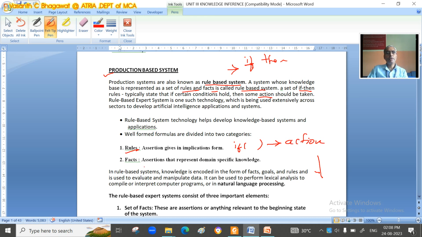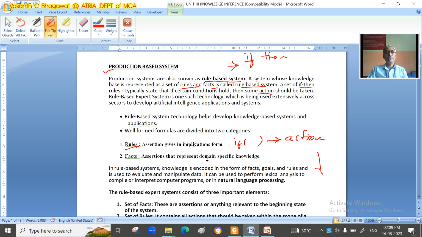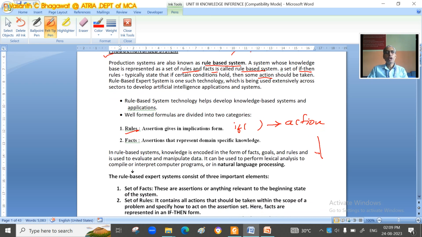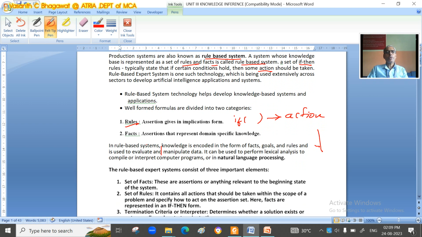The second one is facts, that is, assertions that represent the domain knowledge. Once you are talking about a domain, we should have some domain knowledge, so we are going to have those domain knowledges also. When we talk about the rule based system, everything in our knowledge base is facts.